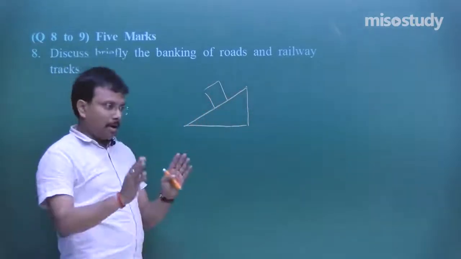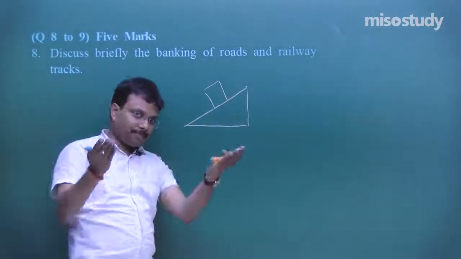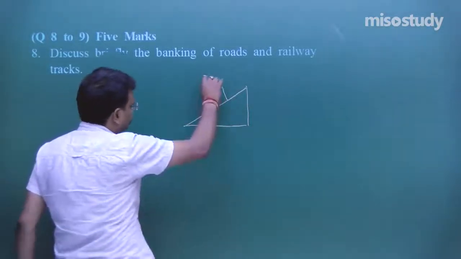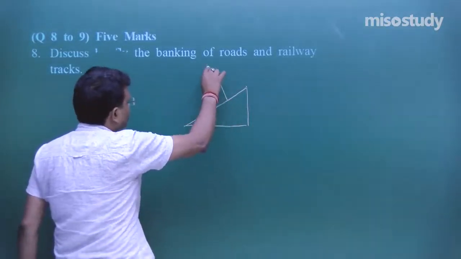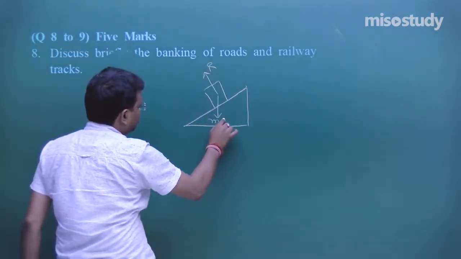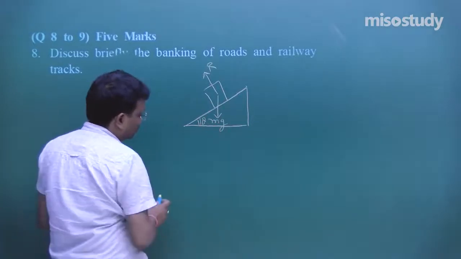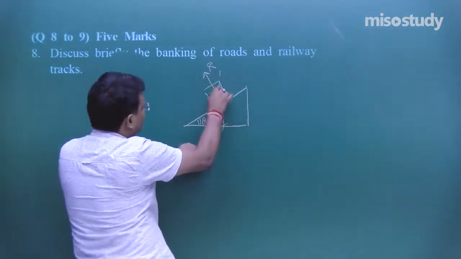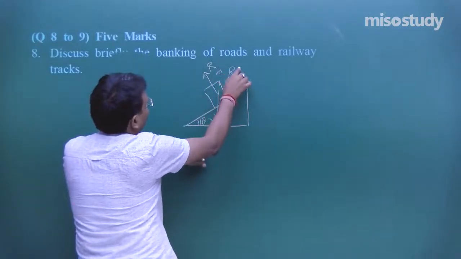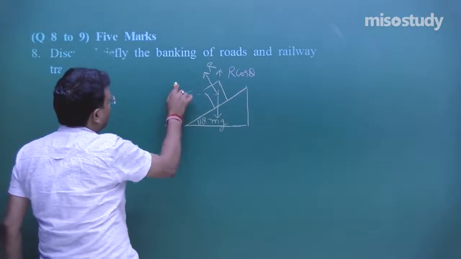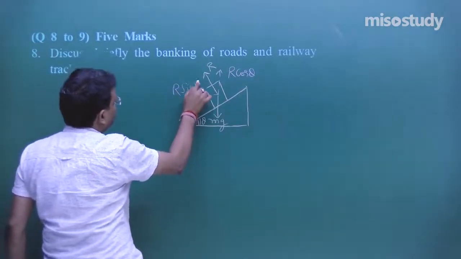This is the view I am taking from this side, banked inside. Fine. So here you can say this is normal reaction R, this is weight mg, and this is angle theta. Now from here I can say that this is R cos theta and it is R sin theta.